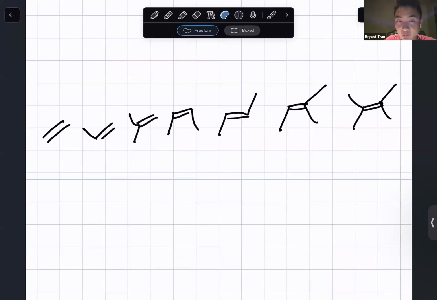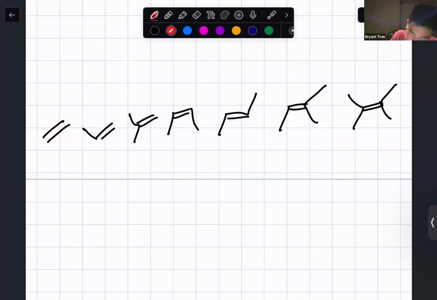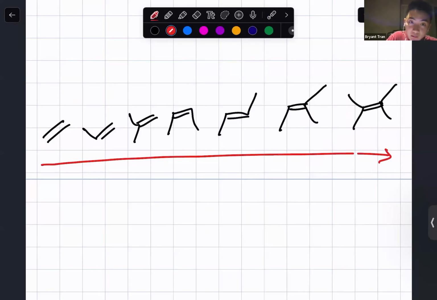And these are for E1, E2 reactions here. The tetra-substituted double bond is the most stable. This is the most stable, the tetra-substituted one. This is the unsubstituted one, so that's the least stable. So stability here will increase from left to right, right?